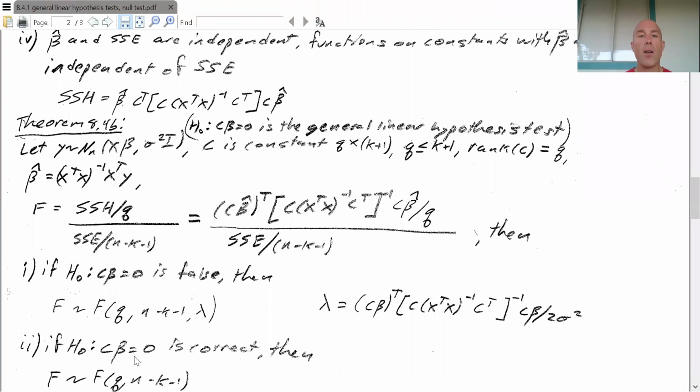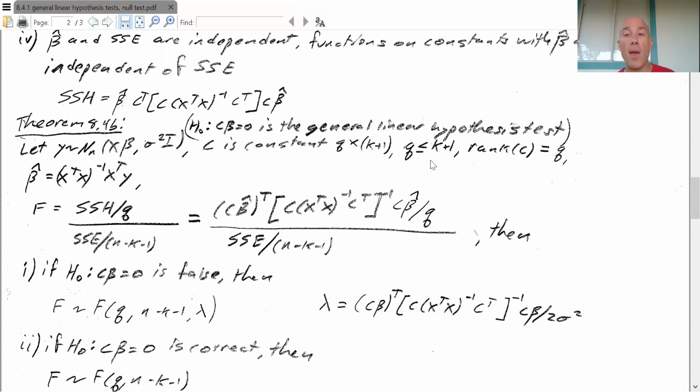All right, so now we want to talk about the general linear hypothesis test, where the null hypothesis is that C beta is equal to the 0 vector. So we're going to let Y be multivariate normal, expected value x beta, and covariance of sigma squared times I. C is a constant matrix, and its dimensions are Q by K plus 1.